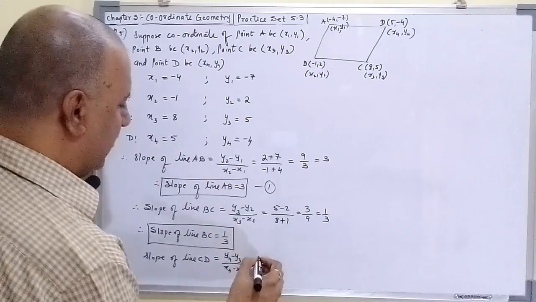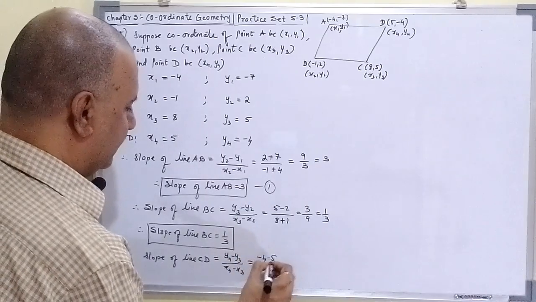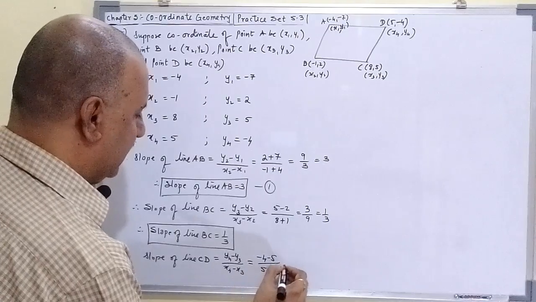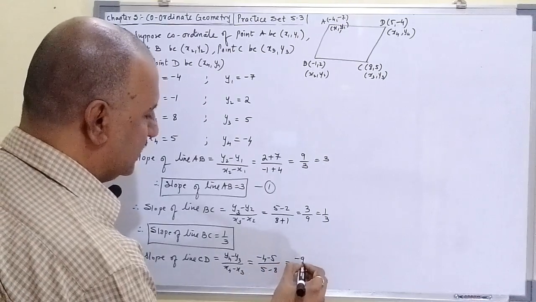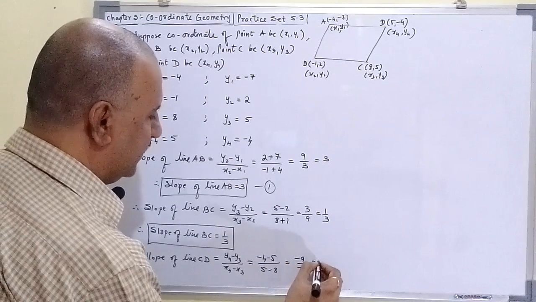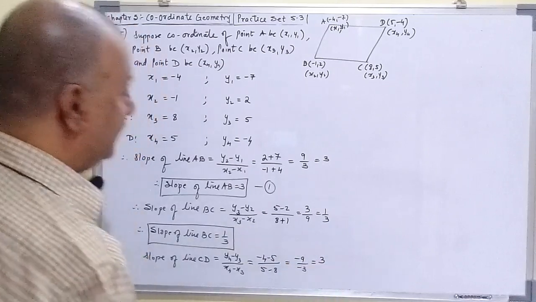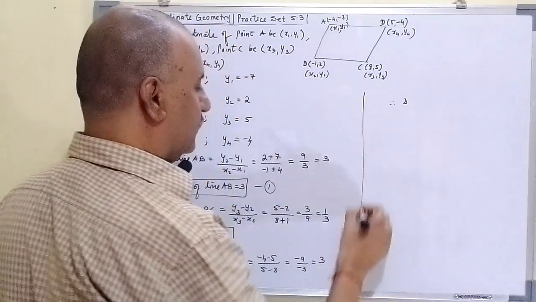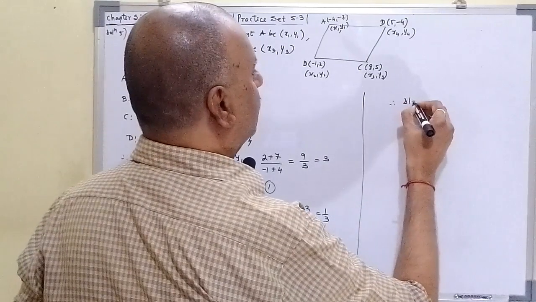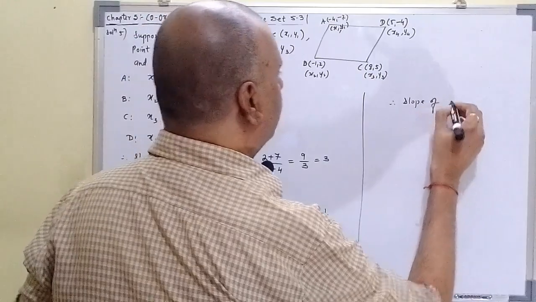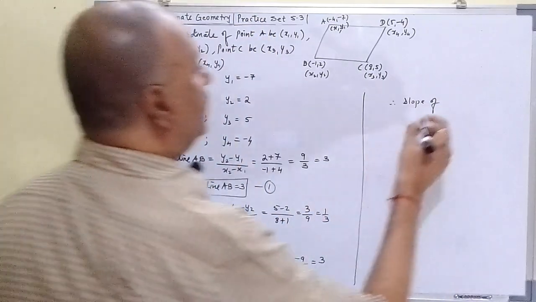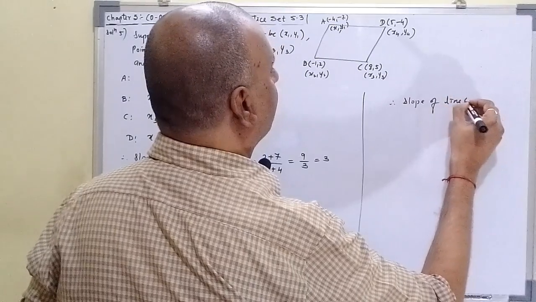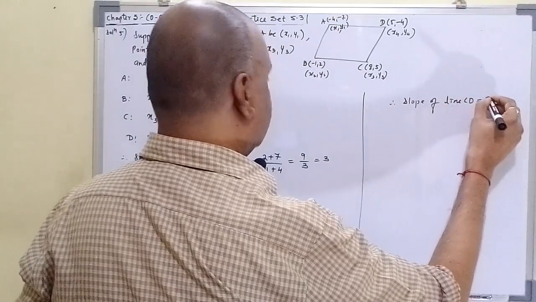So y4 आएगा minus 4 minus 5 upon 5 minus 8. So I get minus 9 upon minus 3 is again 3. Therefore, slope of line CD is 3.